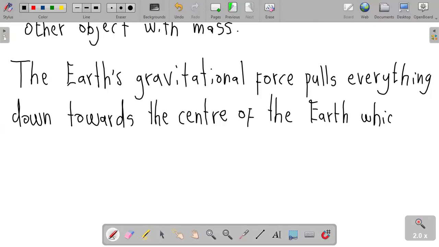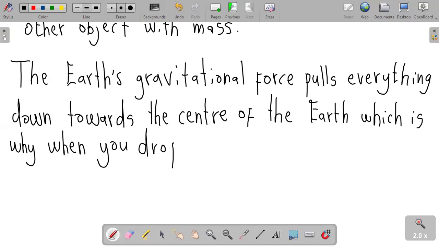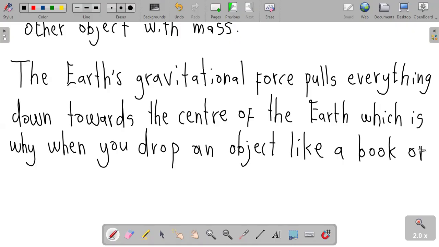Which is why when you drop an object, like a book or an apple, it falls to the ground.